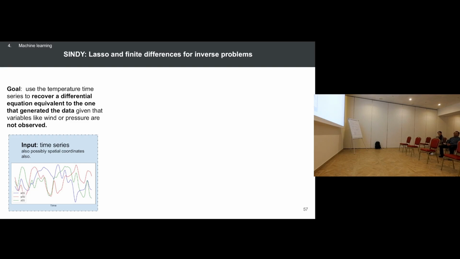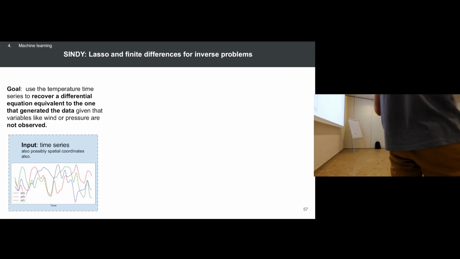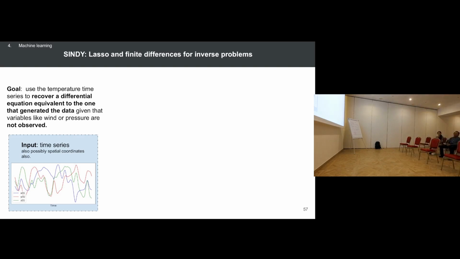You have a lot of data about it, but two things can happen. One is that you know the equation behind it but don't know the parameters, or you don't even know there is a modeling equation behind, and you would like to find a differential equation that can model the behavior of your data.